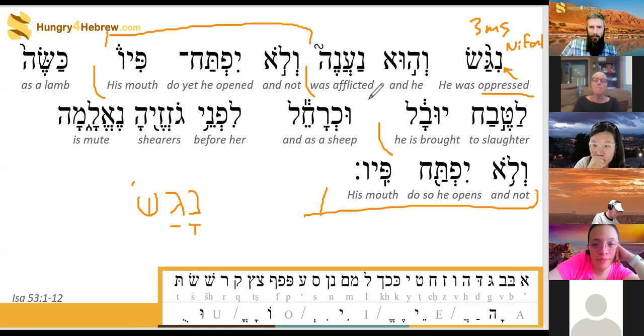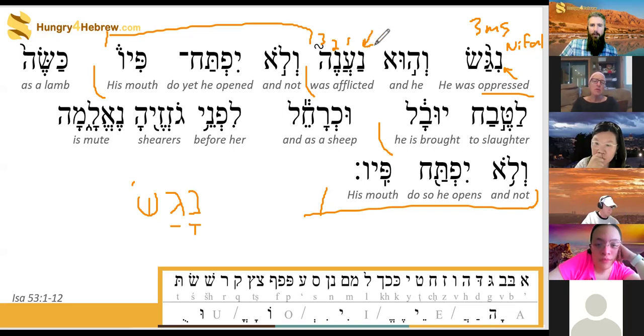What binyan is that? I think it's the same. Nifal. So what is the root? Ayin nun yod, missing yod. There's no dagesh because it's a guttural. Right. So the vowel would change under it.